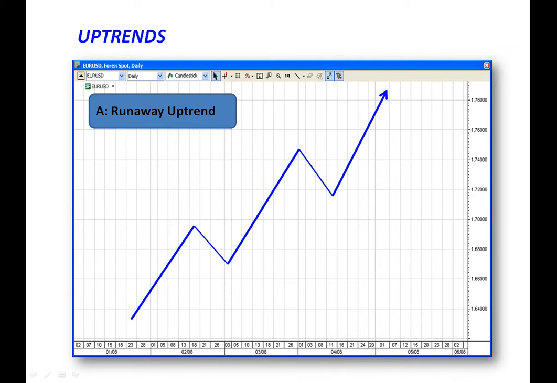First, let us take a look at the runaway uptrend. A runaway uptrend with the first high and a higher high, and with a low and higher low that can be put in with some prices.